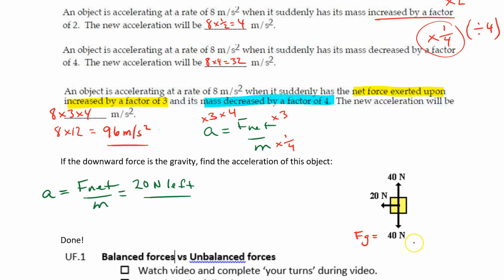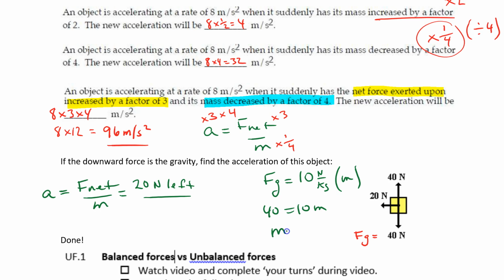Well, the force of gravity is equal to 10 newtons per kilogram times the mass. So if this is 40 newtons, 40 is equal to 10 times the mass.